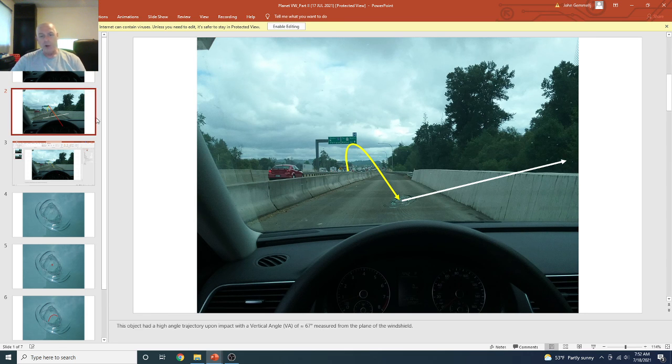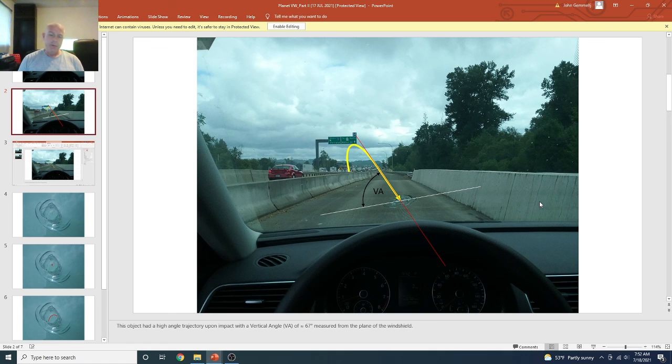So, now we're going to come over here to my next picture. And this is where I take my vertical angle. I have basically drawn a line, the white line, that bisects the fracture in the center from longest point to longest point to give us what would really be our back azimuth to where it came from.